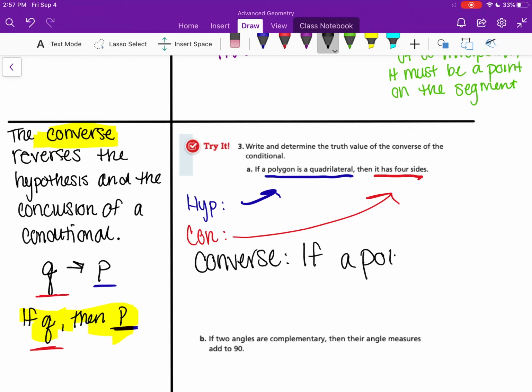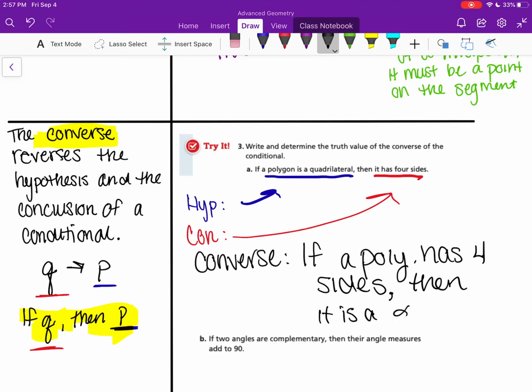I'm going to abbreviate polygon. So we just put the conclusion first. Then now we're going to put the hypothesis. It is a quad. I'm just going to abbreviate that, a quadrilateral.